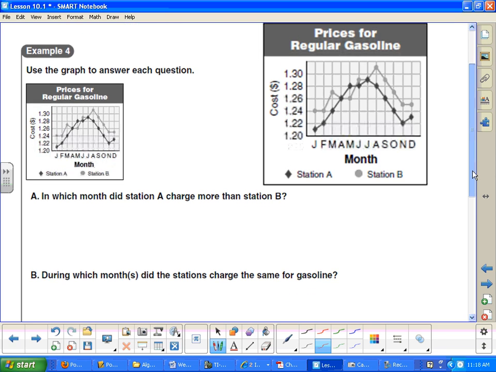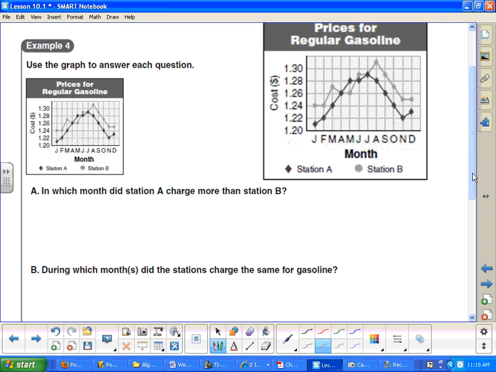So we're going to use this double line graph. It says, in which month did station A charge more than station B? Which month did station A, which is the diamonds, charge more than station B, the circles? All right, so let's see. We're looking for when the black is higher, right?